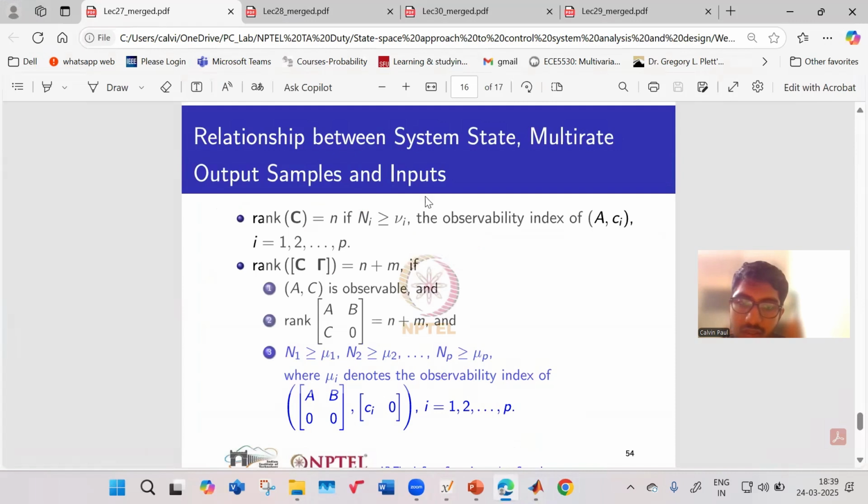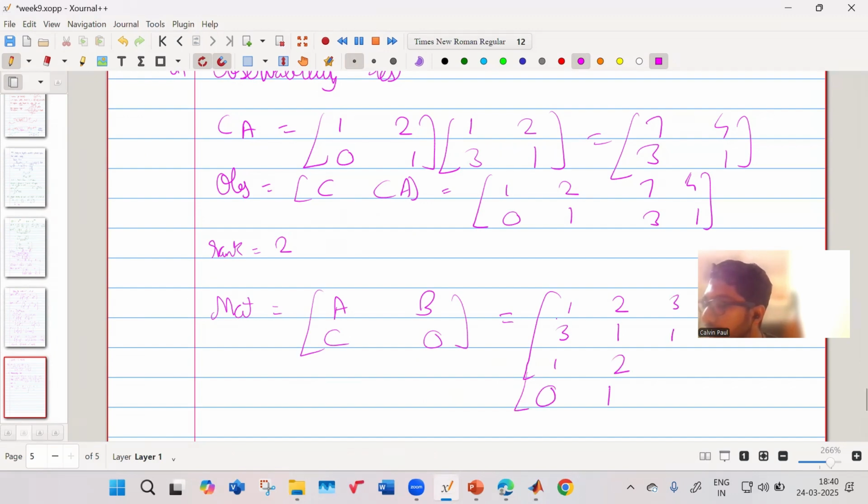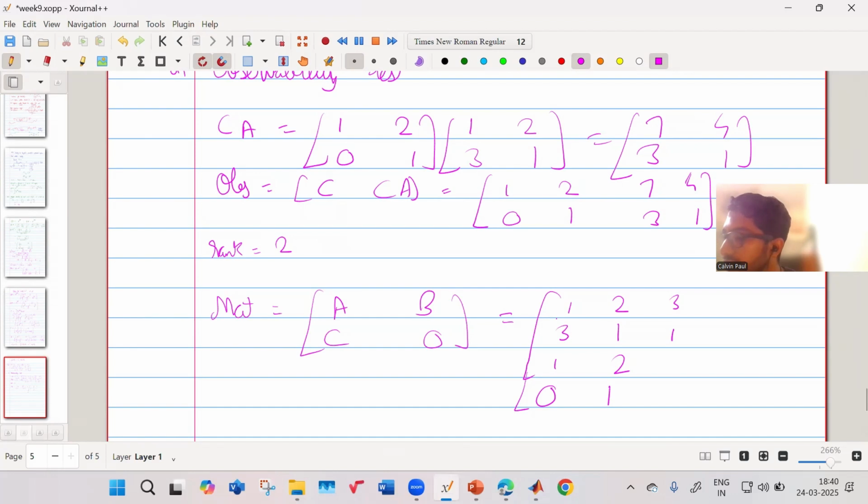Next, we want to find the rank of the matrix A, B, C, 0. We need to construct this matrix. What is our A matrix? A matrix is 1, 2, 3, 1, and the B matrix is 3, 1. Our C matrix is 1, 2, 0, 1, and the bottom-right block will be 0, 0.